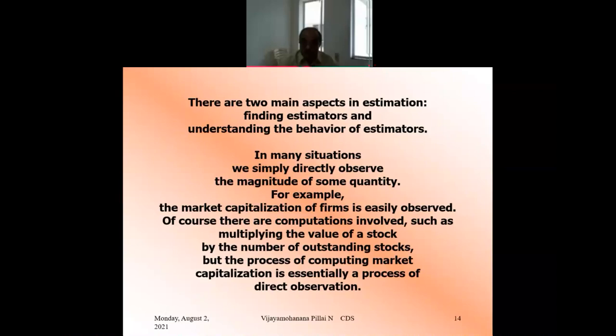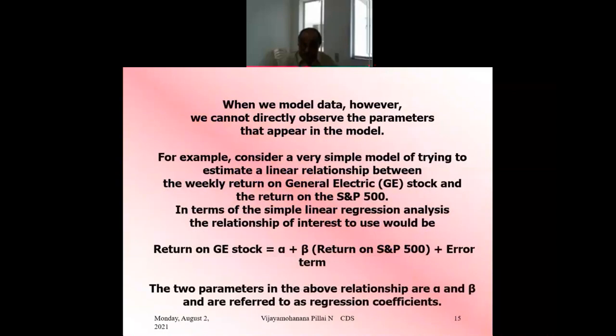But the process of computing market capitalization is essentially a process of direct observation. But that is not the case with some other cases. When we come to the estimation, we are not able to directly observe the parameters that appear in the model.